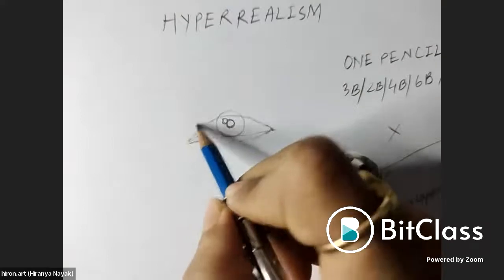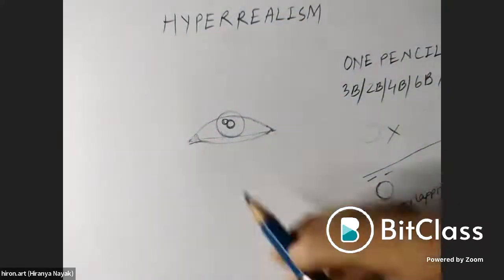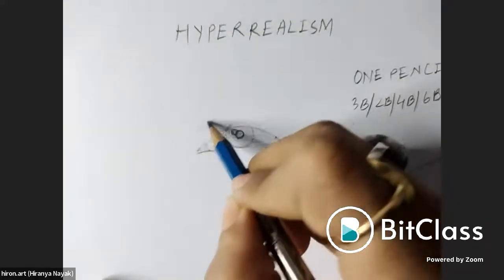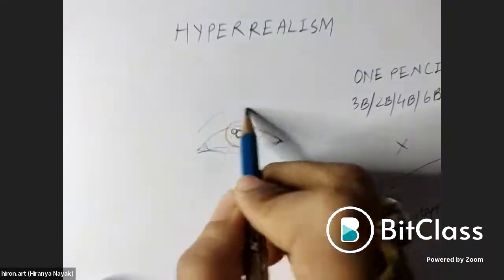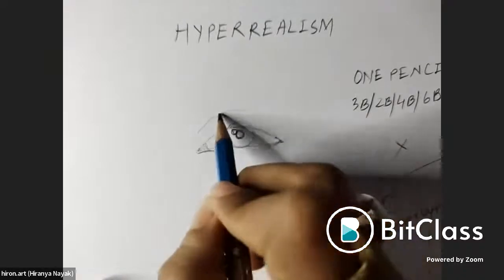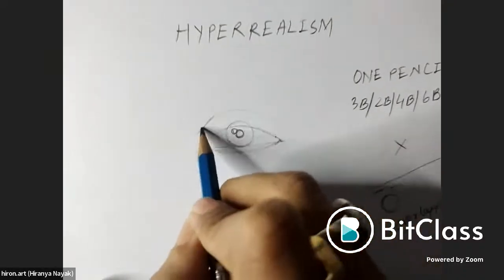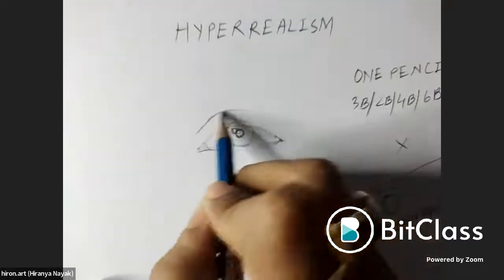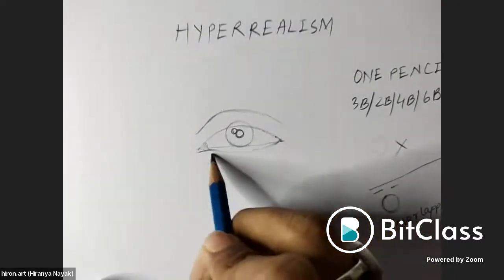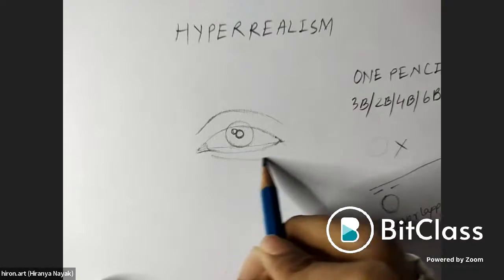Now, let us have a little amount of gap in between, and we'll be drawing the upper line as well. Okay. And this is not the eyebrows. Don't get confused here. This is the upper crease line. And one more line will be there. This is called the lower crease line. Okay.